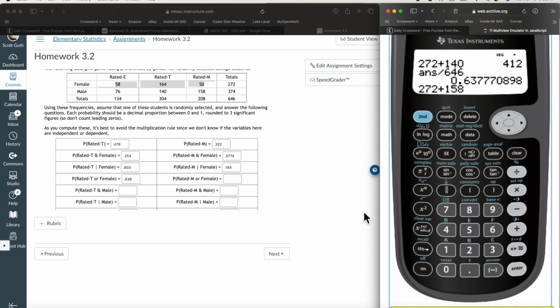Let me just double check what I'm doing here. We're doing rated M or female. So we got the females plus the rated M that's not a female, 158 of those. All right, so we hit enter. That's 430 people out of 646. So divided by 646, enter. So 0.666. There you go.